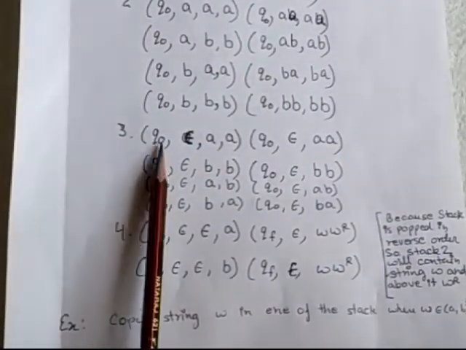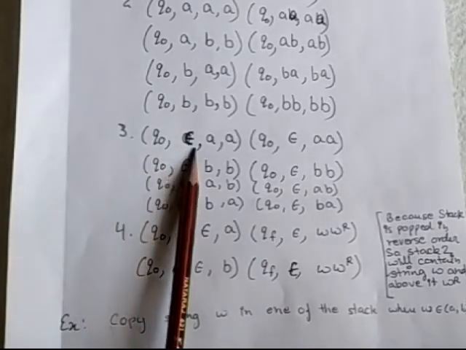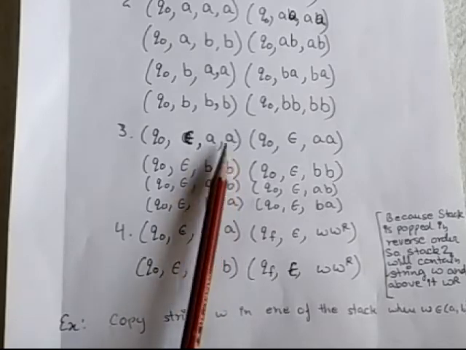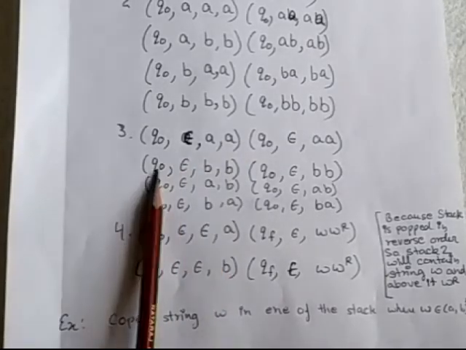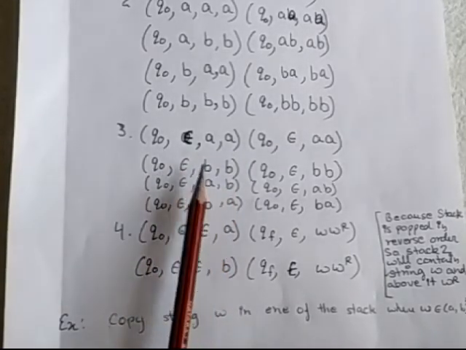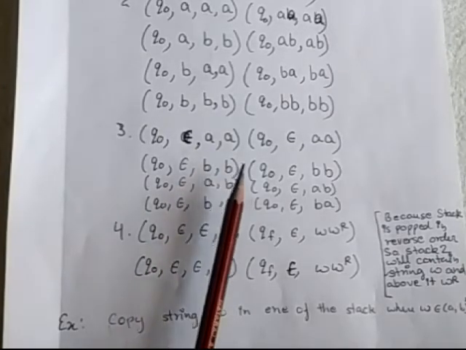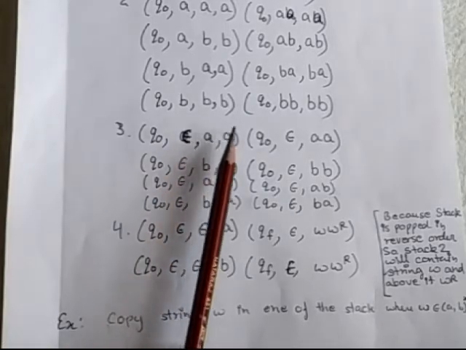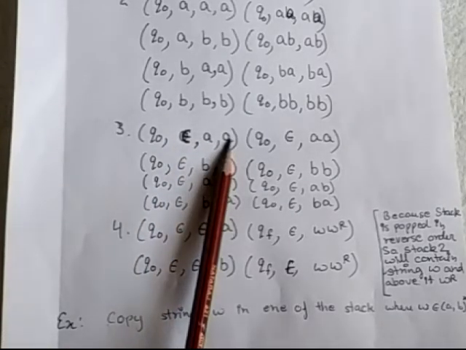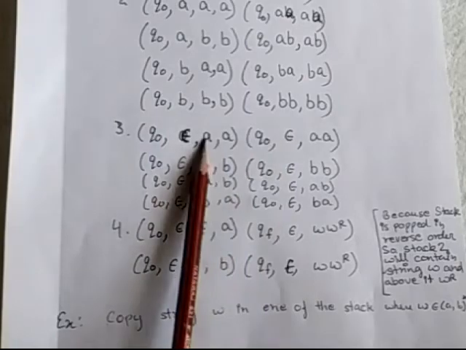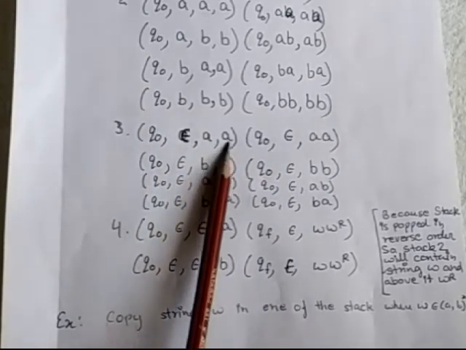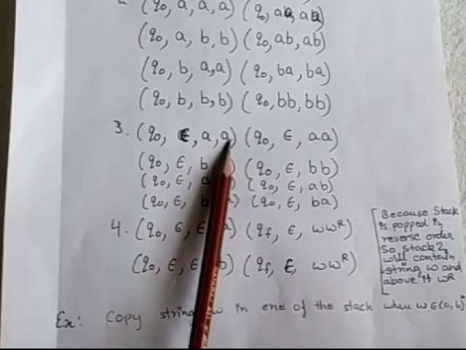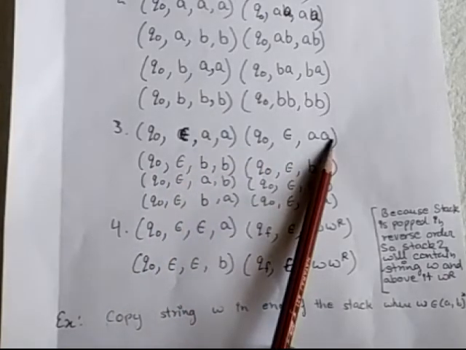Now, at Q0, without reading any symbol, the top of the stack may be A or the top of the stack may be B. Then what we do? We pop stack 1 and push it onto stack 2. In this case, if both the tops are A, then we pop this A and push it onto stack 2. So this is the scenario.